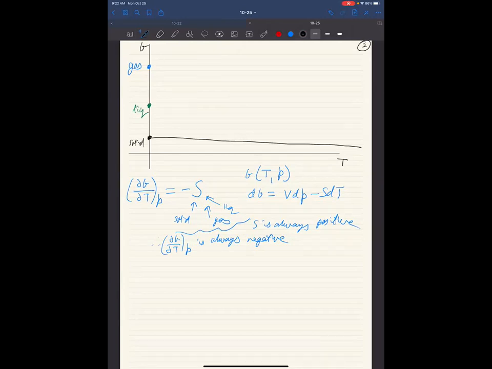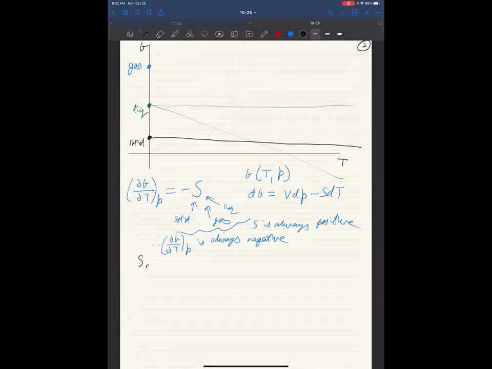But the liquid curve can do two things. It can decrease even slower than solid, or it can decrease very fast. Which one of these should be true? Think even simpler. Think in terms of entropy. Which one has the highest entropy? Gas has the highest entropy, right?